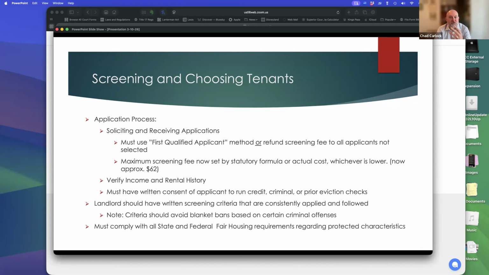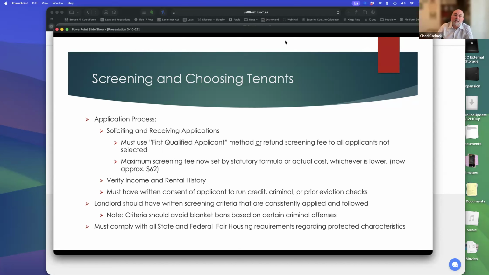So that's gender, marital status, family size, sexual orientation, all those sorts of things. And if you are denying housing based solely on one of those factors, or if the tenant believes you are, that can actually get you into trouble with the Department of Fair Employment and Housing here in California and the federal folks as well.